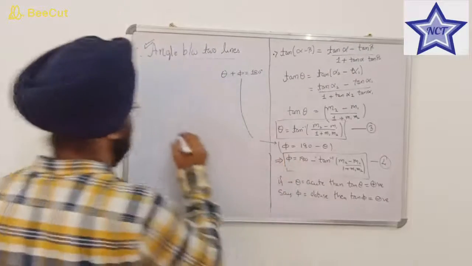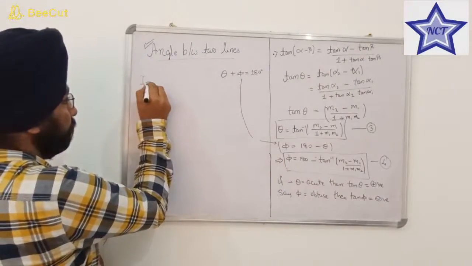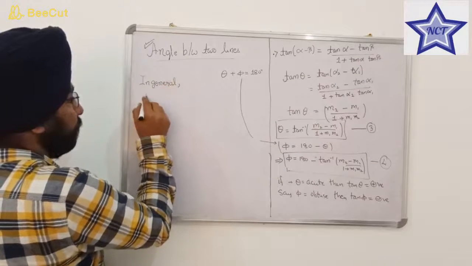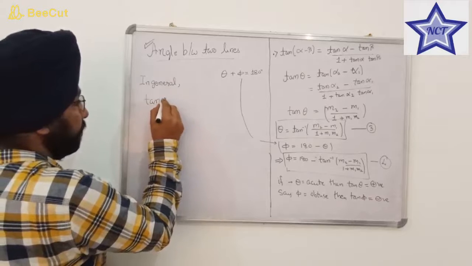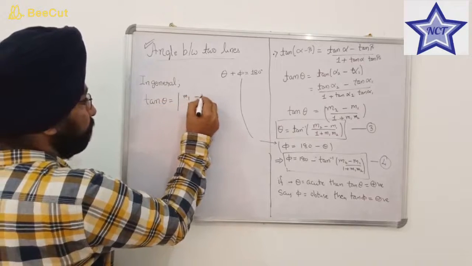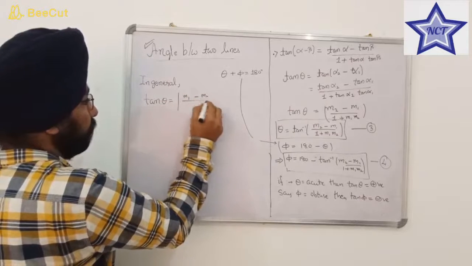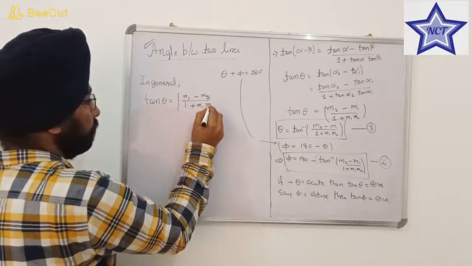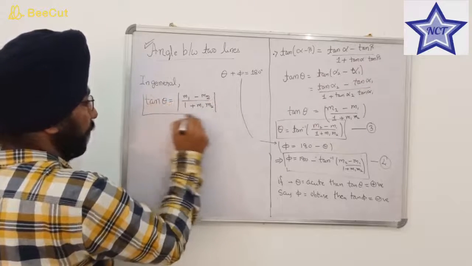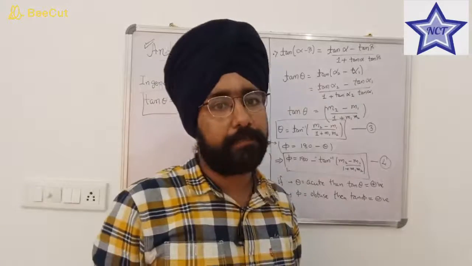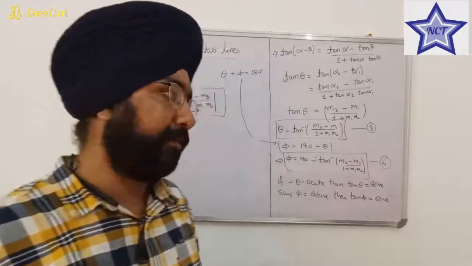So in general, angle between lines is written as tan theta equals mod of m1 minus m2 upon 1 plus m1 m2. As per question perspective, you can write it as positive or negative.